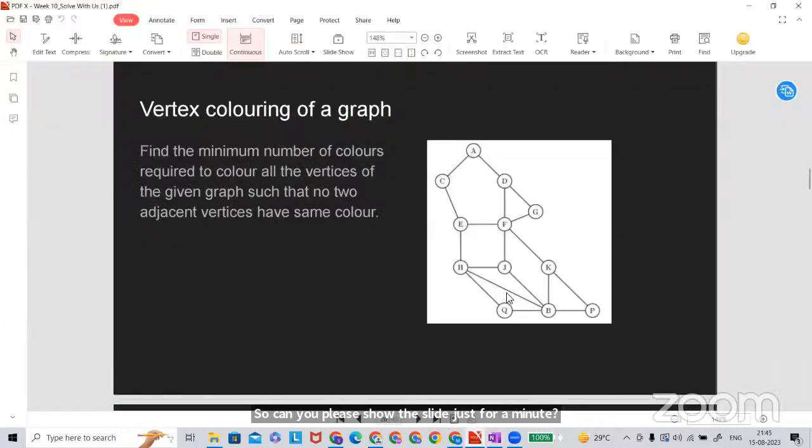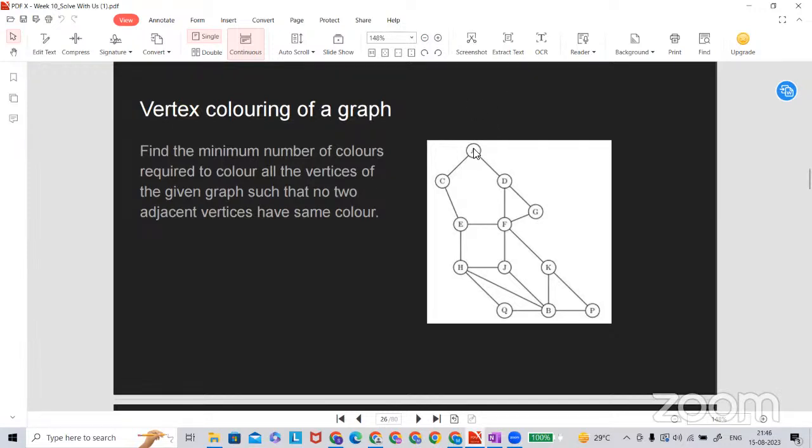Find the minimum number of colors required to color all the vertices of the given graph such that no adjacent vertices have the same color. So coloring of the graph is what?